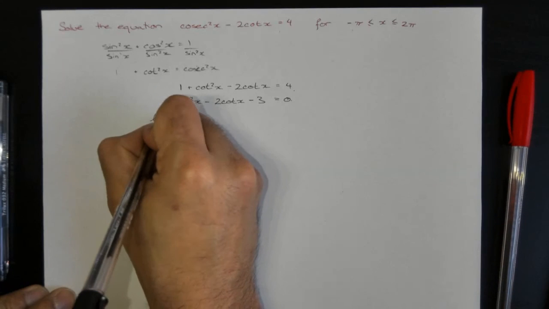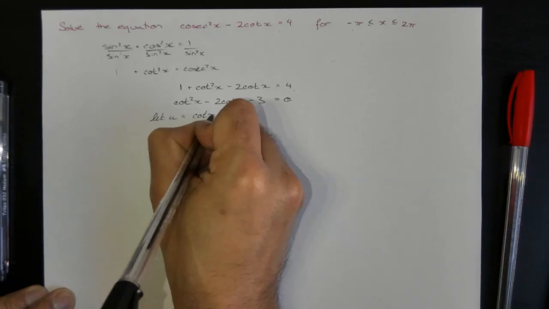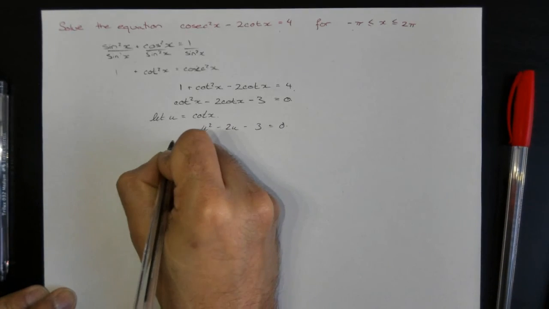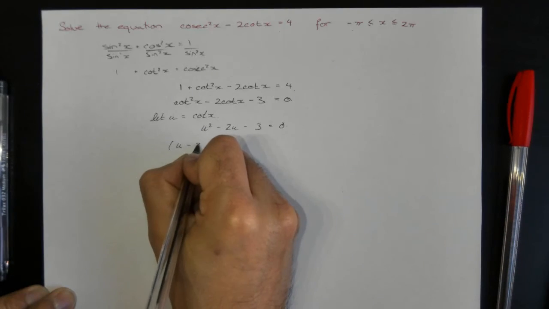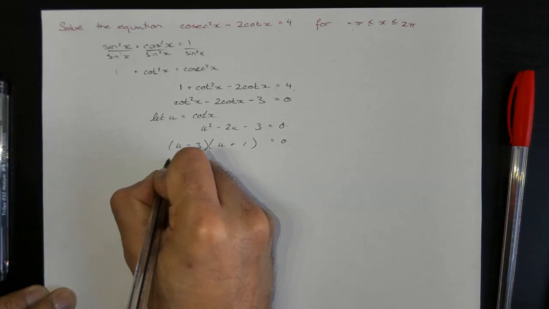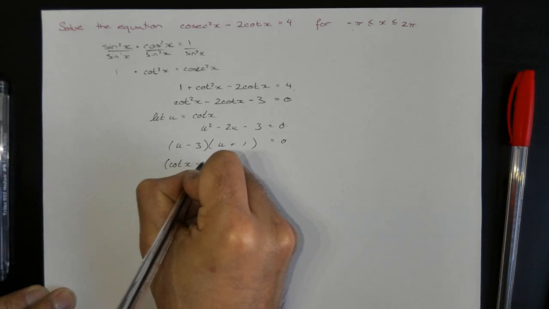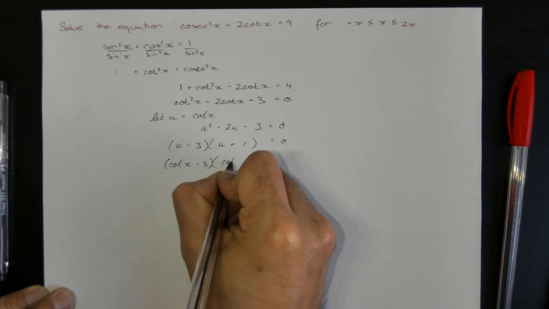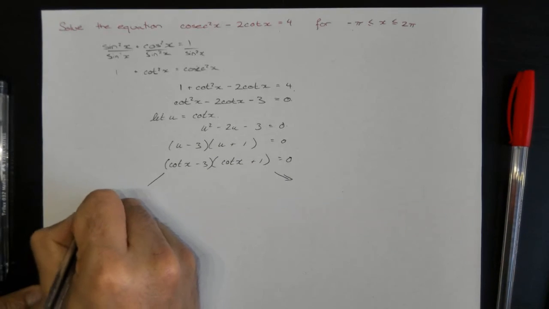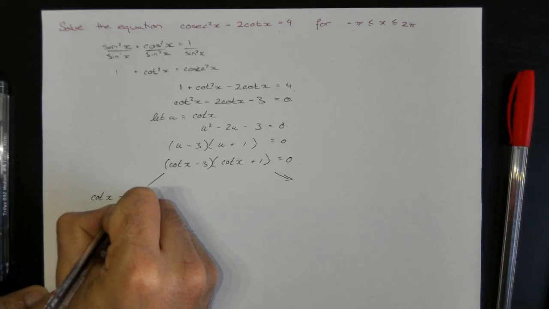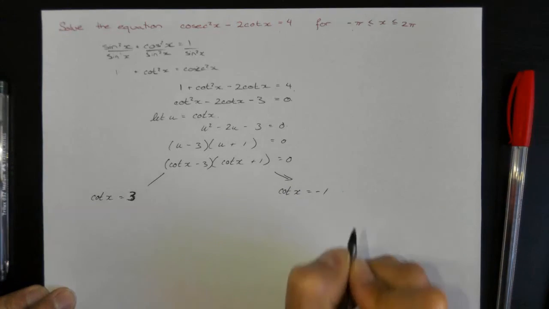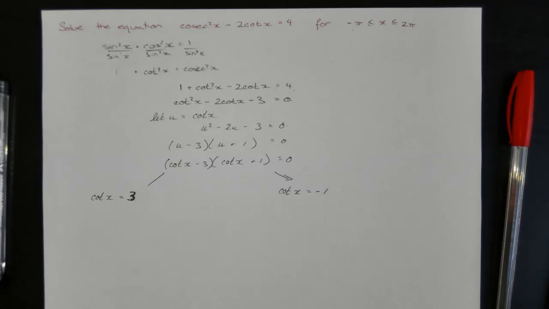So if we let u equal cot x, we get u squared minus 2u minus 3. Factorizing that, you get (u minus 3)(u plus 1). Substituting back, you get (cot x minus 3)(cot x plus 1). Applying the null factors, we get cot x equal to 3, and cot x equal to negative 1.